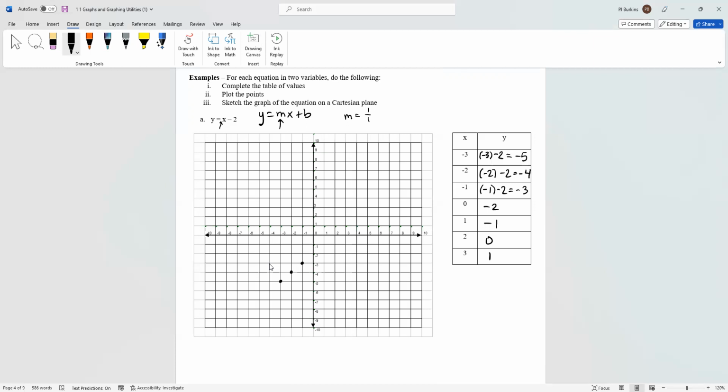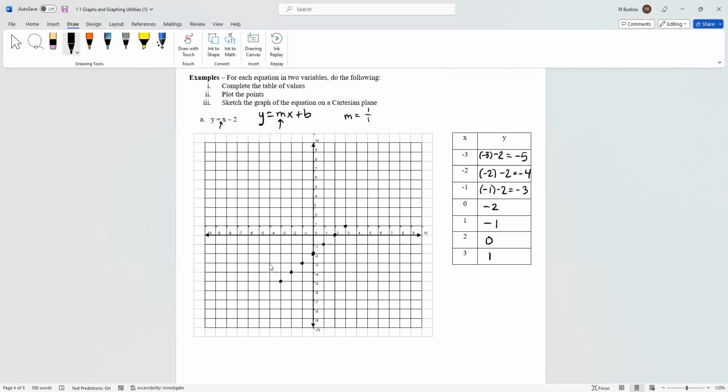So again, that's why we're moving in this type of fashion. And this is only for linear functions. All right, when x is 0, I'm at -2 for y. When x is 1, I'm at -1 for y. When x is 2, I'm at 0 for y. And finally, when x is 3, I'm at 1 for y.